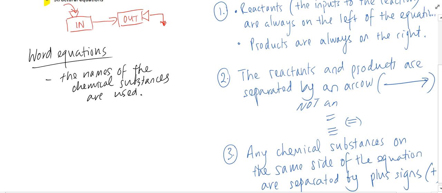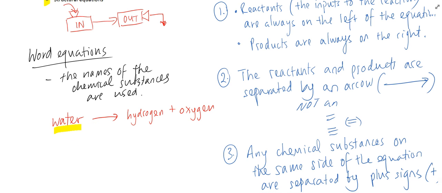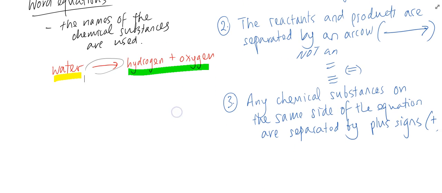So let's just use as an example the splitting of water. So water, the reactant, is transformed into hydrogen gas and oxygen gas. Hydrogen and oxygen. So water is split into hydrogen and oxygen. You can see that the reactants are on the left and the products on the right. And we have an arrow here separating the reactants and the products. So that's the word equation.